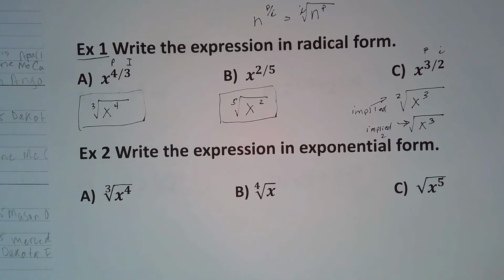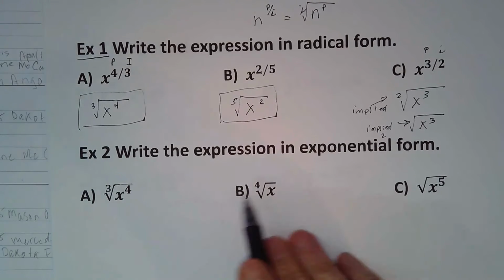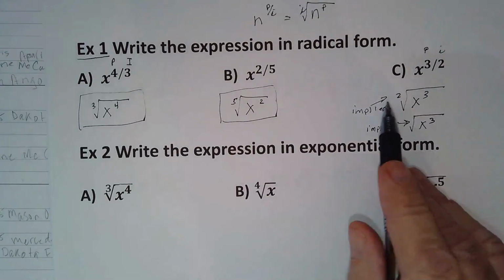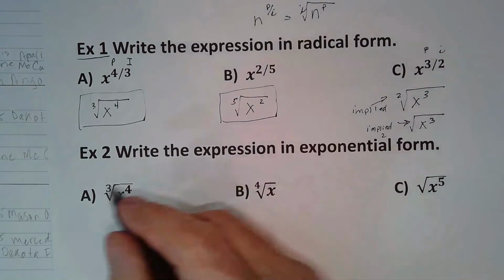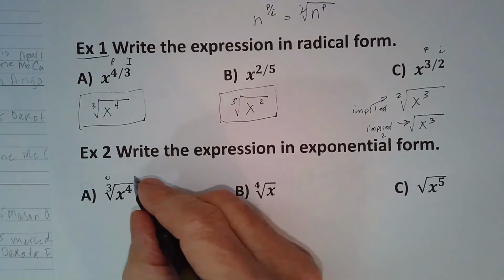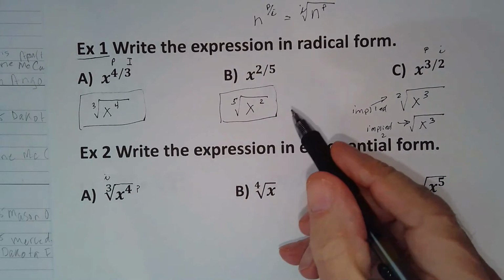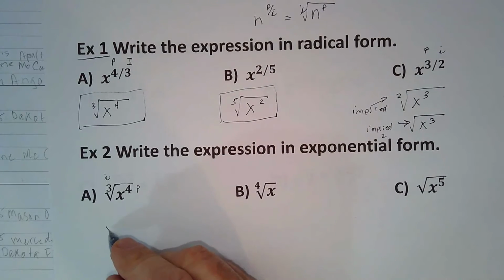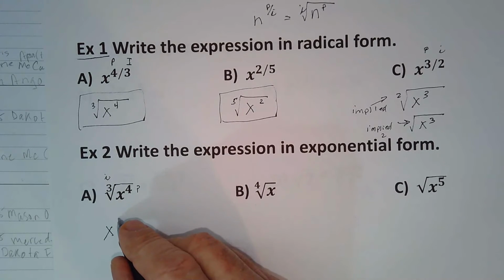So let's look down at the bottom. Now here we have radical expressions, and we want to put them into exponential form. So we're doing just the reverse. So remember, this is the index, this is the power, and we're going to change it so that we've got power over index. So we take our root, our x, our power always goes in the numerator, right?